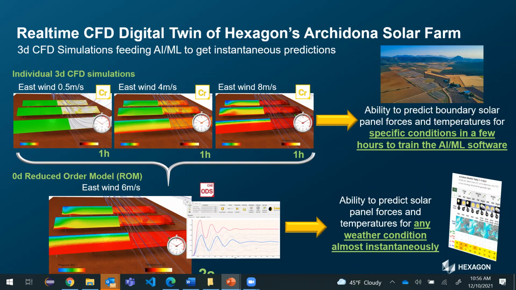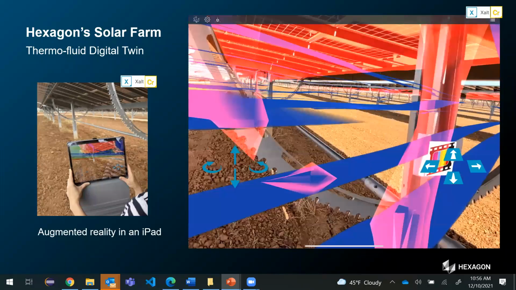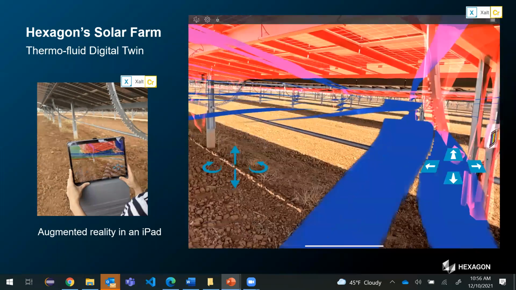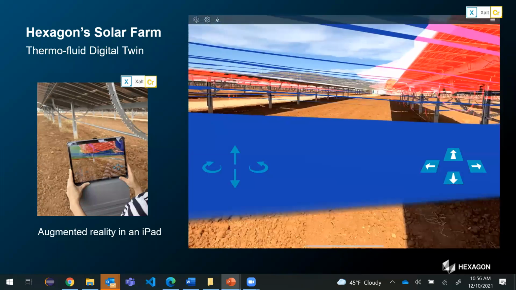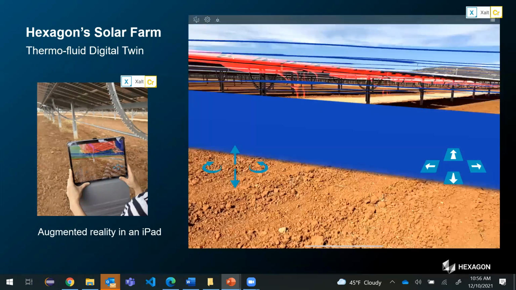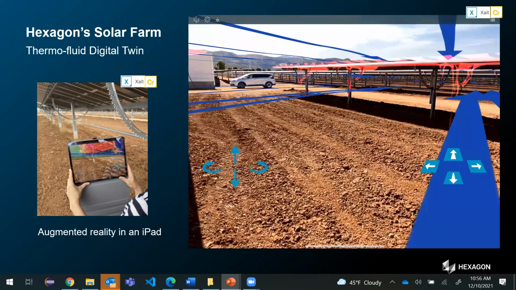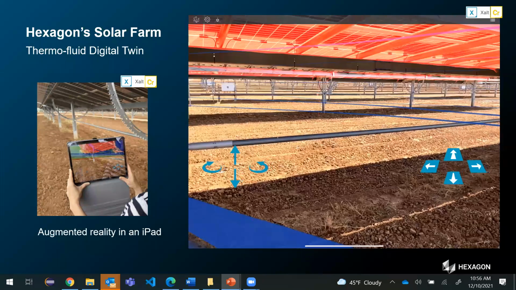And here I want to end on a note, because we're at the state of the art. You think about virtual reality, you think about heavy equipment. It's actually an iPad, just walking around with an iPad. But because of the geospatial positioning, the iPad knows exactly where you are as you walk through, and you can virtualize exactly what you're seeing.